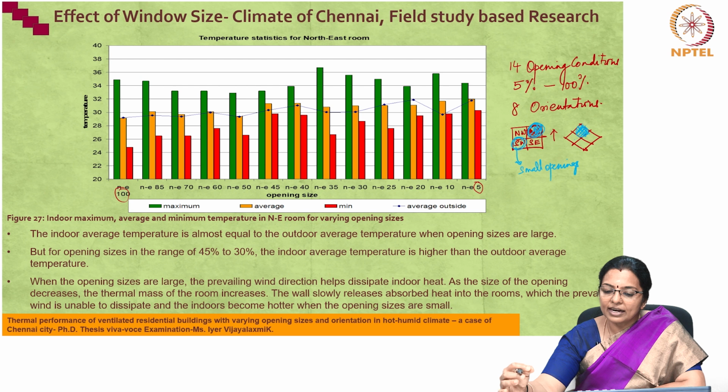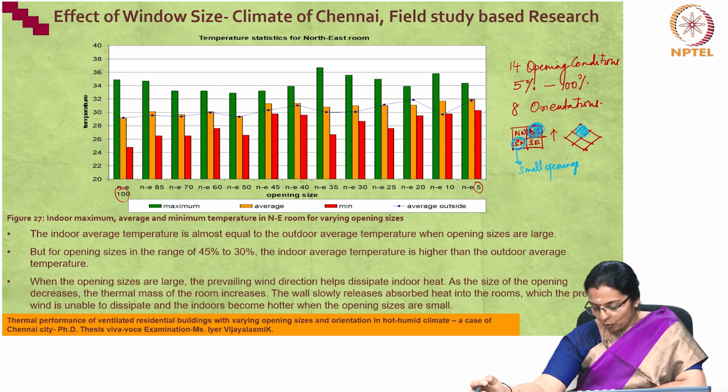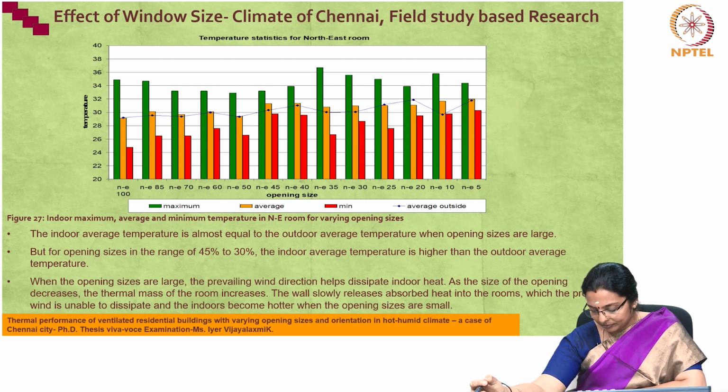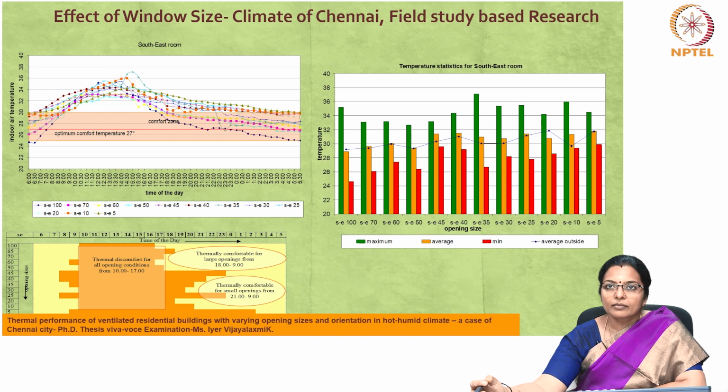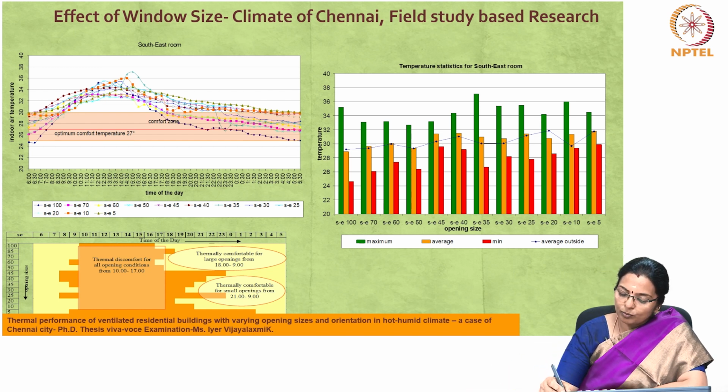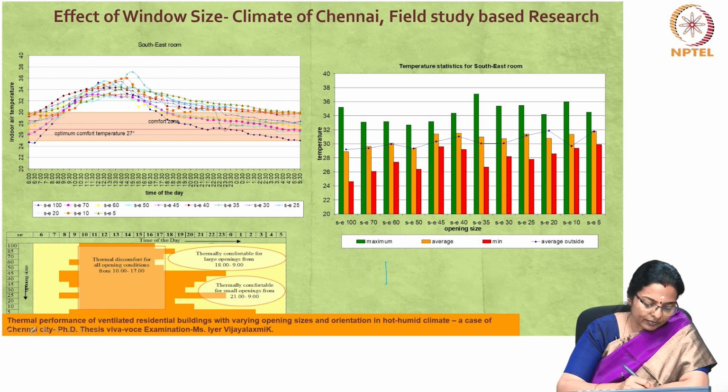And here I am specifically taking only the northeast room to demonstrate how size of the window matters with respect to the indoor thermal performance. We will also see one more example. So, here we are taking the southeast room, as I had told you.